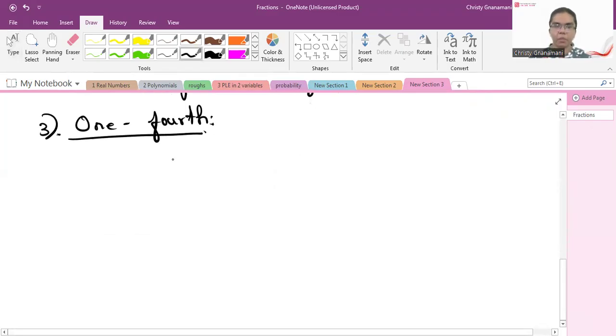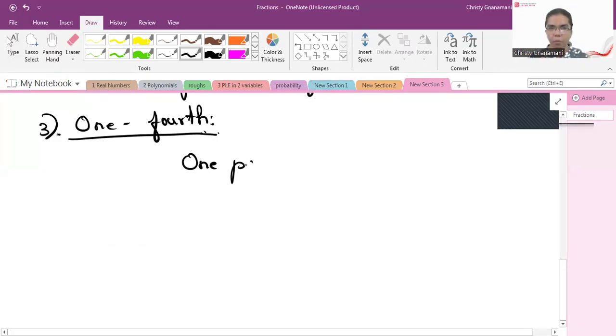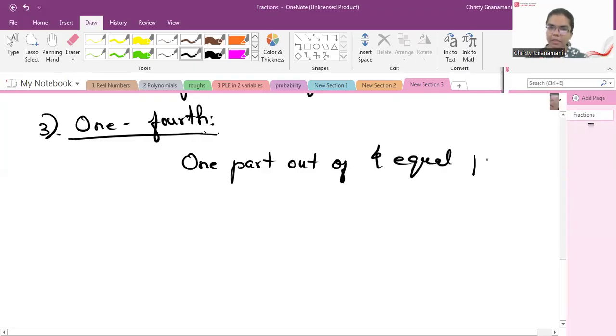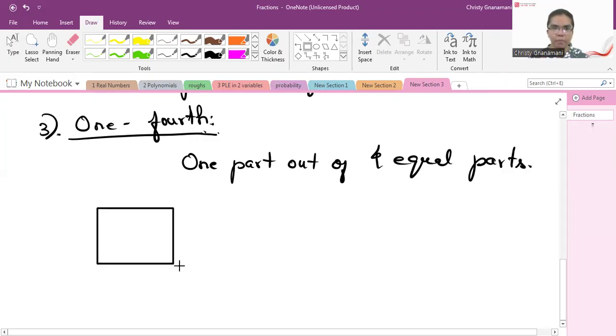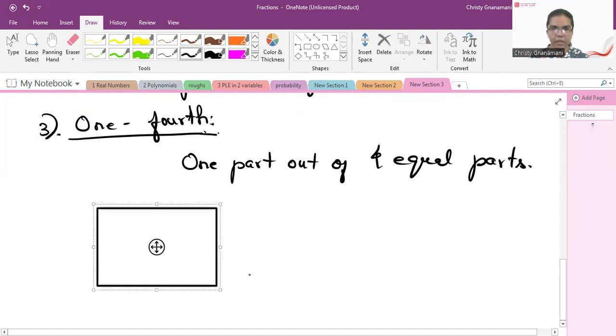Okay, so if a fraction represents one part out of four equal parts, then that fraction is 1/4 of the given figure. One part out of 4 equal parts, and that represents 1/4.